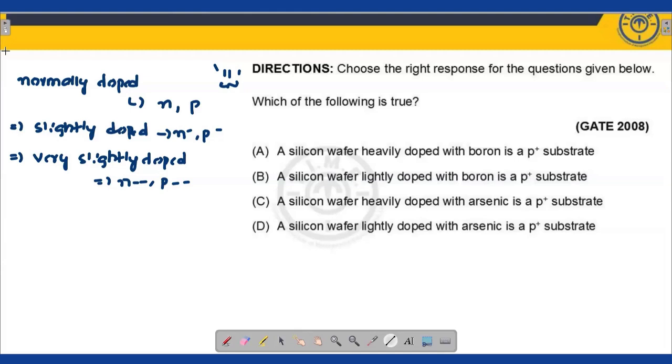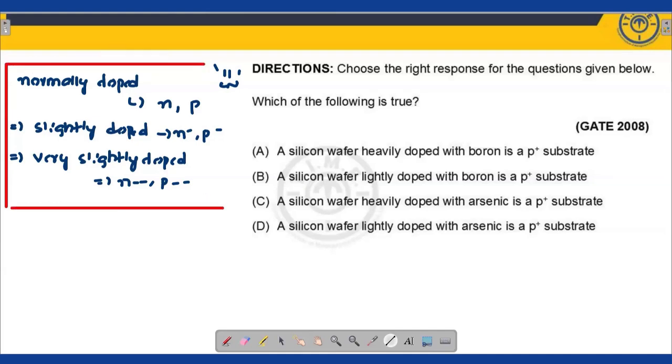Next, these are all the important parameters. I would like to bring it to your notice, my dear friends, regarding the normally doped types. Now I am going for the heavily doped.